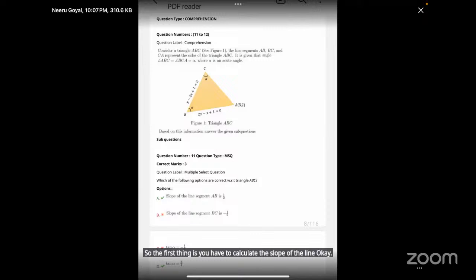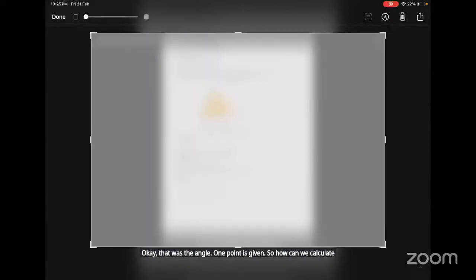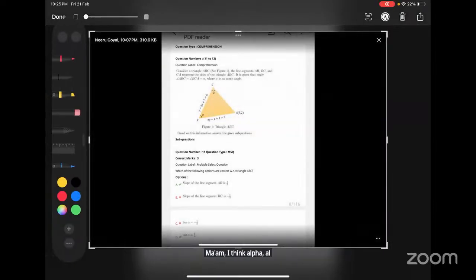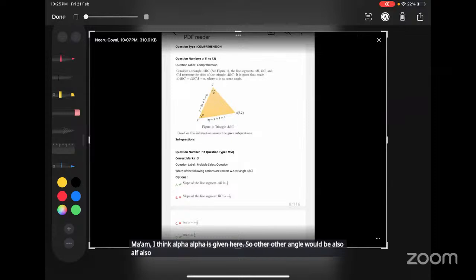That means the angle, and one point is given. So how can we calculate the angle of this line? Ma'am, I think alpha is given here. So the other angle would also be alpha for A, because it must be an equilateral triangle.